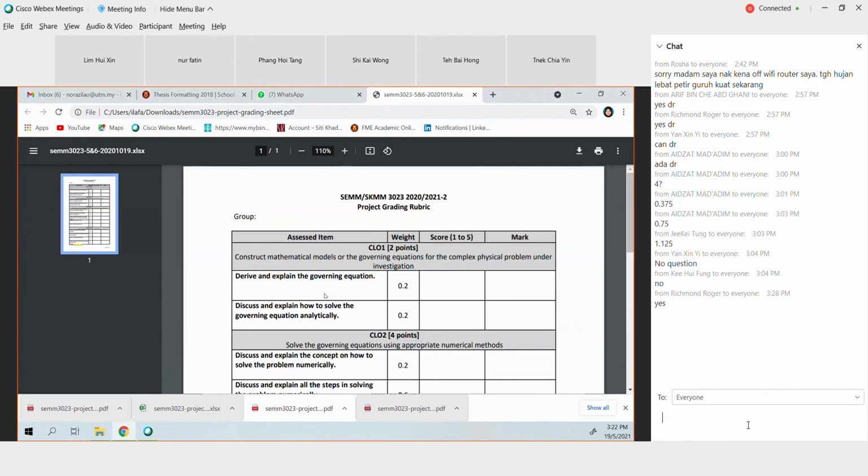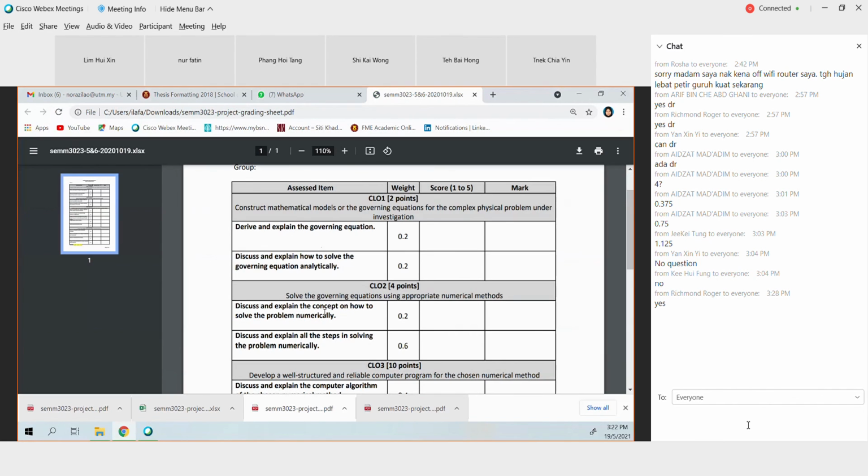It is the same as your project 1. I also want to know what governing equation you use in order to solve your project. The weightage for this part is about 0.2. I will give a score from 1 to 5. And then you must discuss and explain how to solve the governing equation analytically.